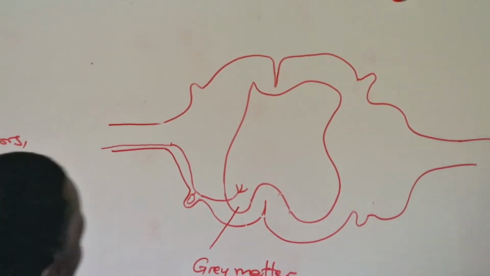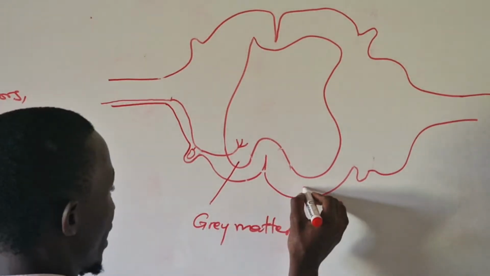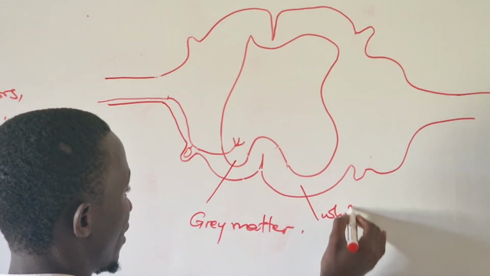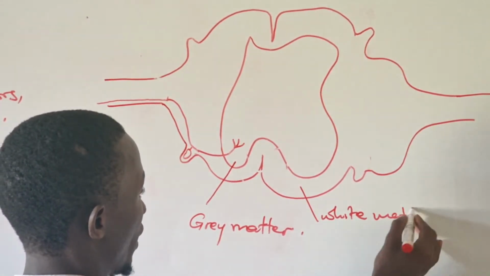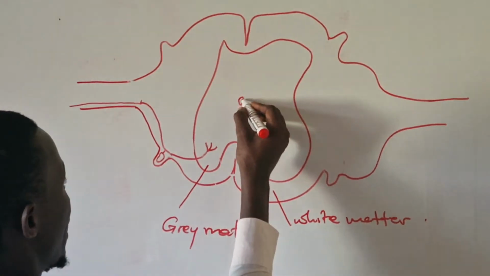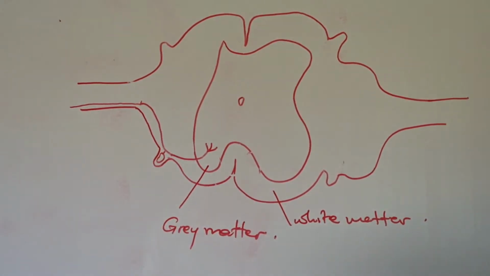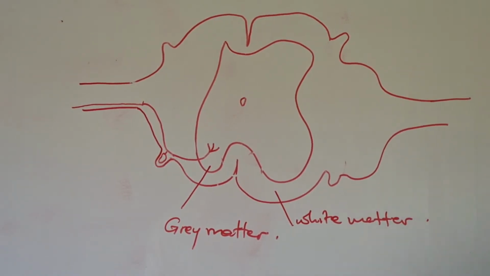This is known as the gray matter. This is known as the white matter of the spinal cord, in the middle of which gray matter there is a small canal, a small tunnel. We shall look at it and its function.